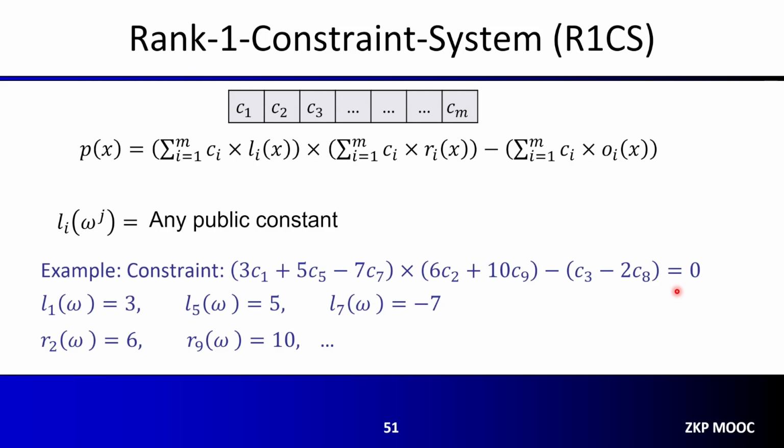So apparently, an arithmetic circuit can be written as a rank 1 constraint system, as we've shown in the previous example. But a rank 1 constraint system can support the so-called generalized constraints, or generalized circuit gates, in this form. That is why it's more powerful and more convenient to use in practice.